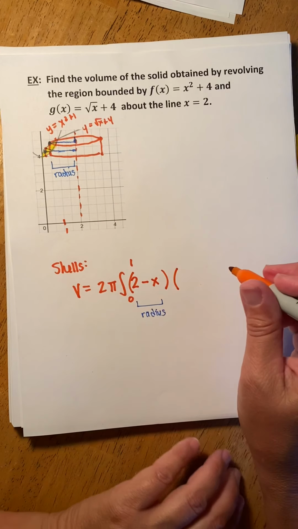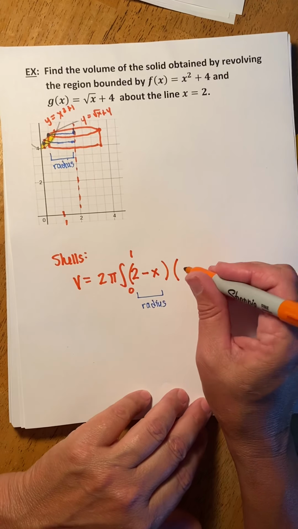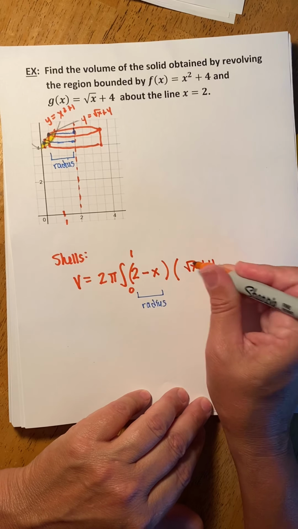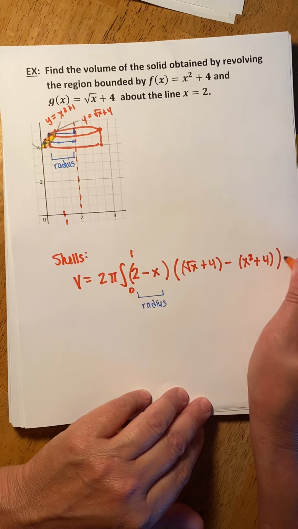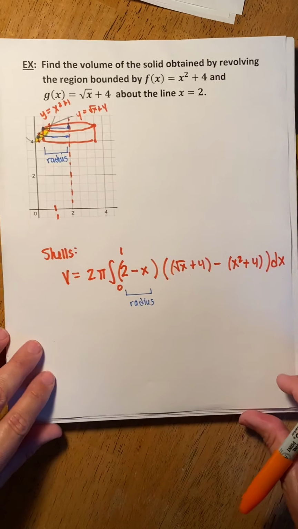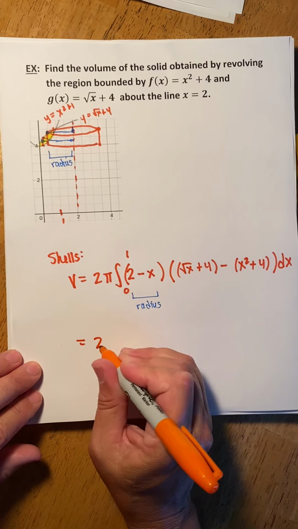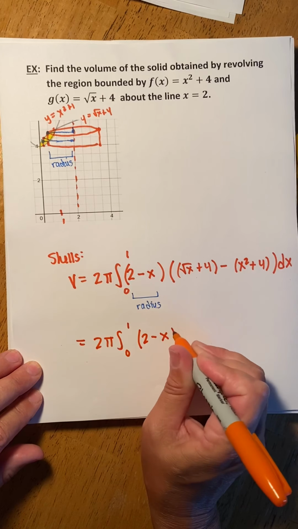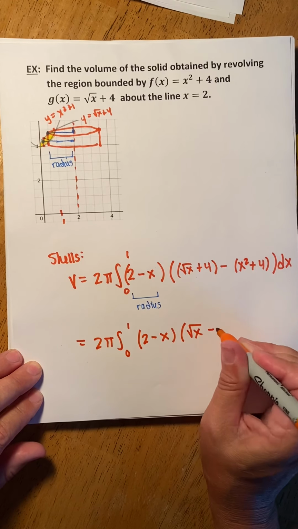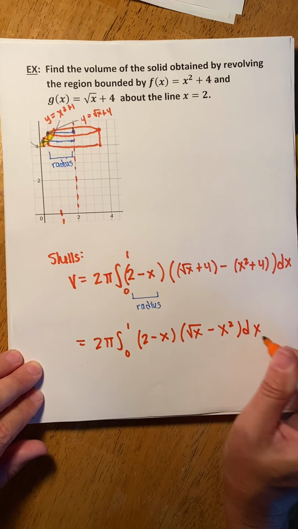And then the height remains the same. It's the top function, which is the square root of x plus 4 minus the bottom function, x squared plus 4. And then you're going to integrate that all. I know you can do it. This is just power rule. 0 to 1, 2 minus x times the square root of x minus x squared dx.